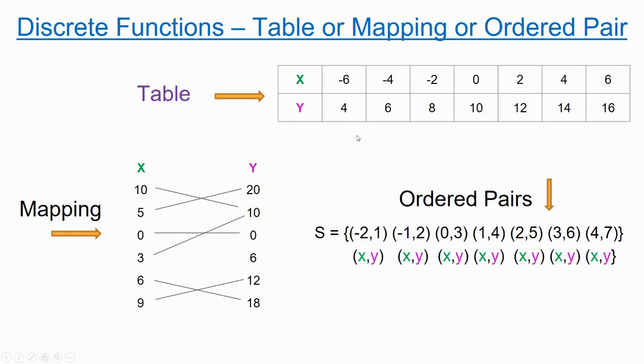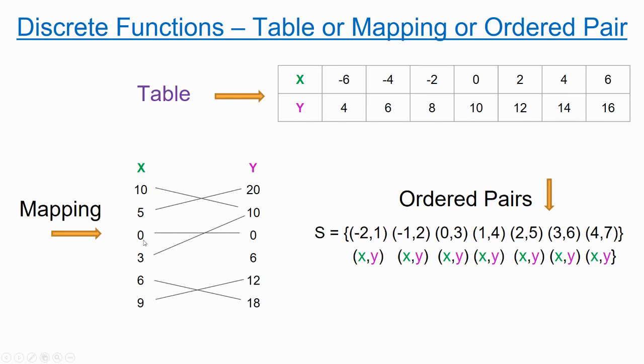Okay, another format that you might encounter is called a mapping. What that is, it's 2 columns. The x's are on the left. Notice that the x's seem to always come first, and then the y's are on the second column on the right. What communicates to you that this x goes with that y is the way they draw the lines.